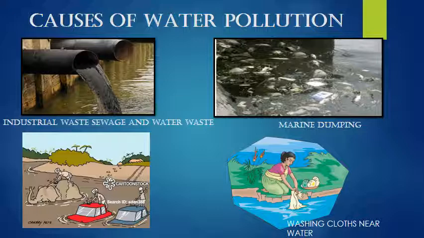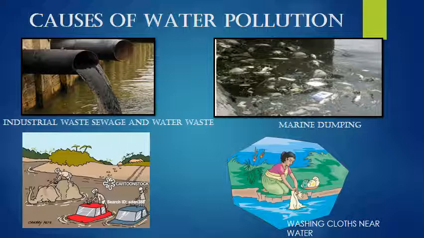Well, a lot of industrial waste, that is फैक्ट्रीज में से निकलने वाली गंदगी स्पेशली केमिकल्स और जो हमारे घरों से निकलने वाला ड्रेनेज का वेस्ट है, it is being dumped into the water bodies. So this is one of the reasons for water pollution. इसकी वजह से पानी बहुत ज़्यादा गंदा हो जाता है. Then marine dumping.